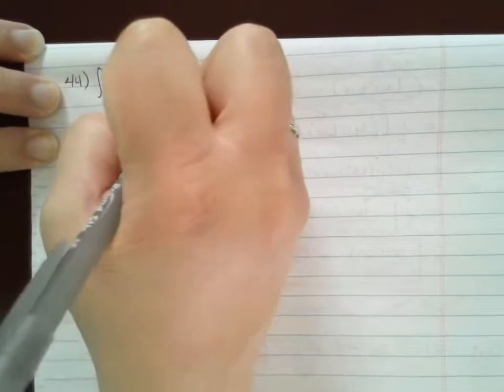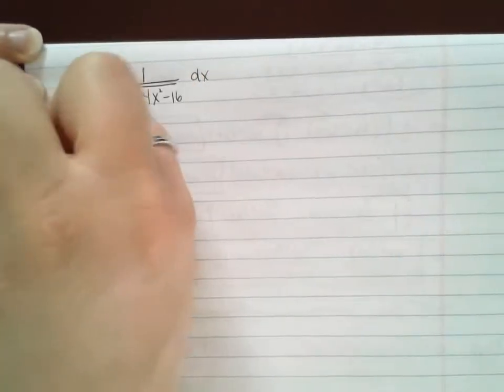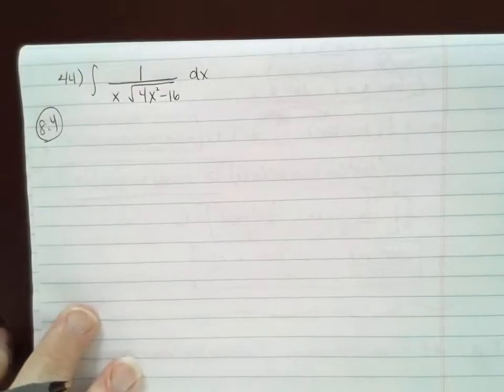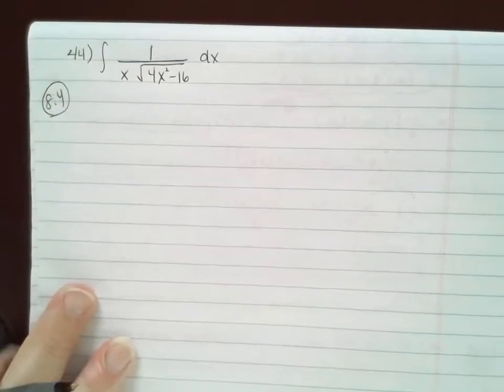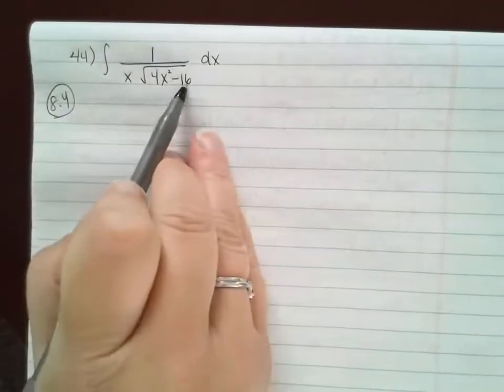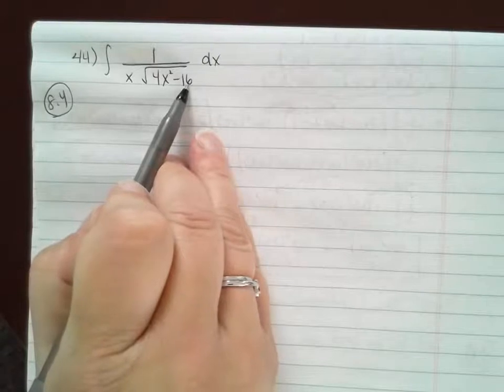On question 44, it says the integral of 1 over x square root of 4x squared minus 16 dx. Okay, I know that this is going to be trig sub because I'm seeing a square in the beginning and the end of my binomial inside the radical.